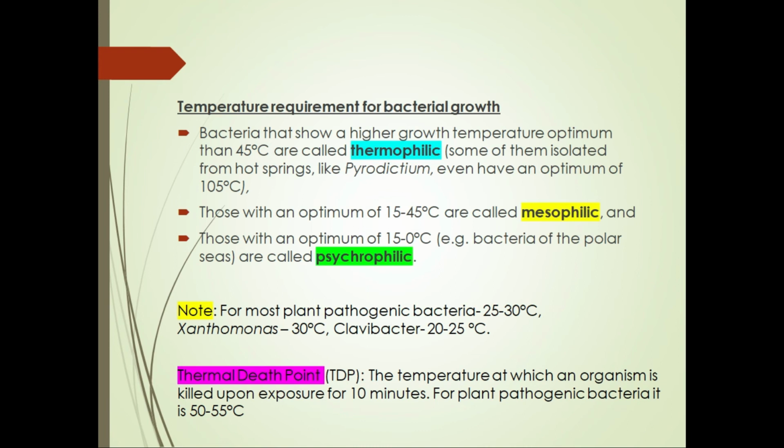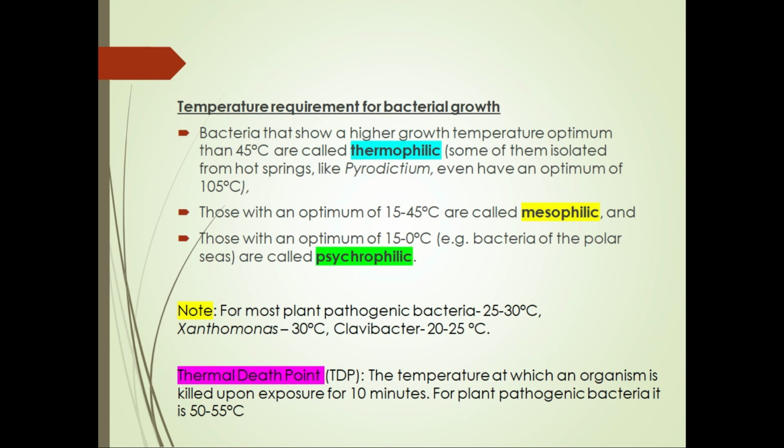For most plant pathogenic bacteria, 25 to 30 degrees Celsius temperature range is enough to grow. But specifically, Xanthomonas shows the optimum growth at 30 degrees Celsius. Clavibacter shows optimum growth at 20 to 25 degrees Celsius. In this connection, we have another term called thermal death point or TDP.